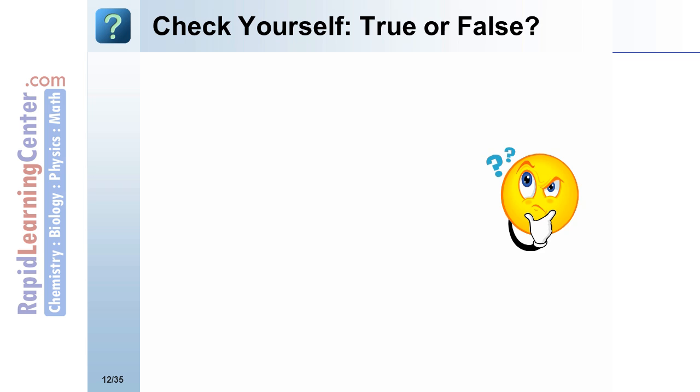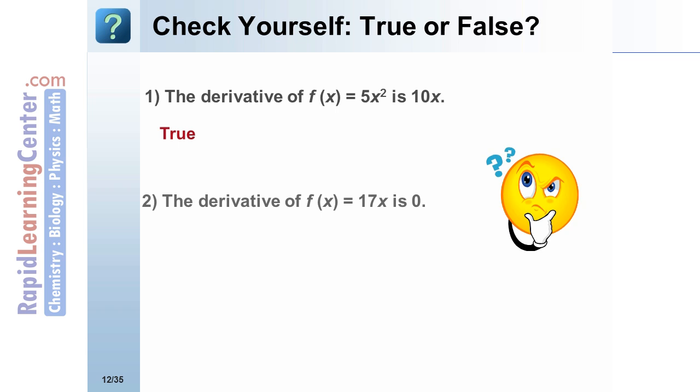Time to check yourself. Answer the following questions true or false. Question 1. The derivative of f of x equals 5x squared is 10x. That is true. Question number 2. The derivative of f of x equals 17x is 0.